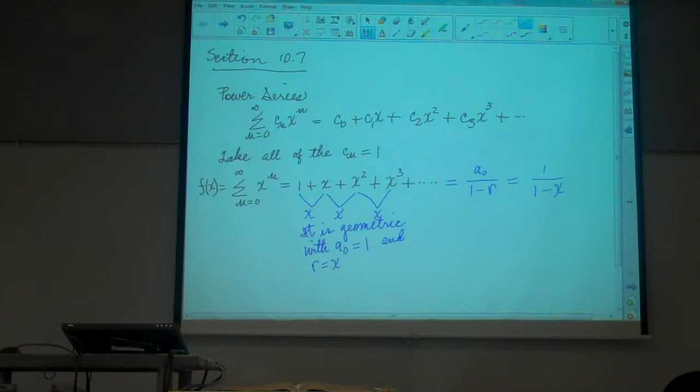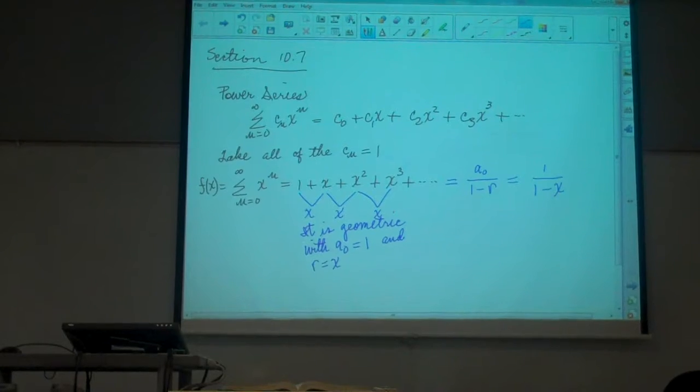So indeed, that series converges to 1 over 1 minus x. For all values of x or some values of x? Some values of x. Which values of x? Less than 1. What? Less than 1. Absolute value of x less than 1. Exactly. Do you remember the test?